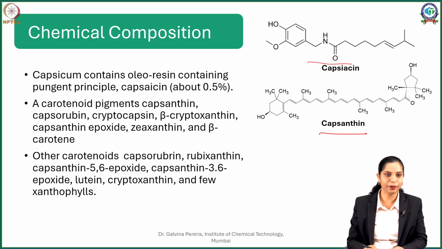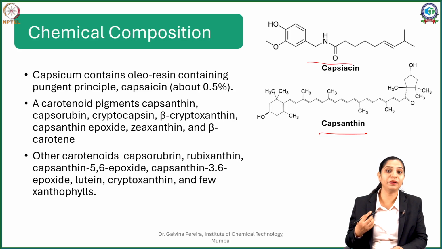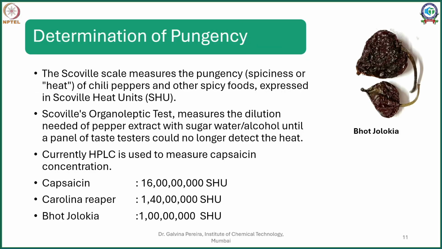You have beta-cryptoxanthin, then you have epoxides, which include capsanthin epoxides. The yellowness is imparted by zeaxanthin, and in addition to that you also have beta carotene. So many carotenoid pigments are present, and as a result, as chilies dry, they become intensely red, deep blood to ruby red in color. In some cases, some chilies have so much of this carotenoid that they appear blackish in coloration.